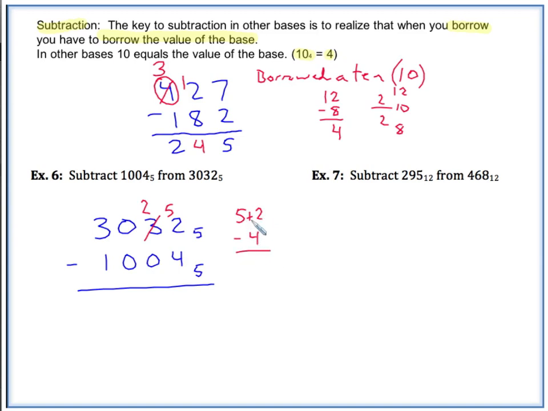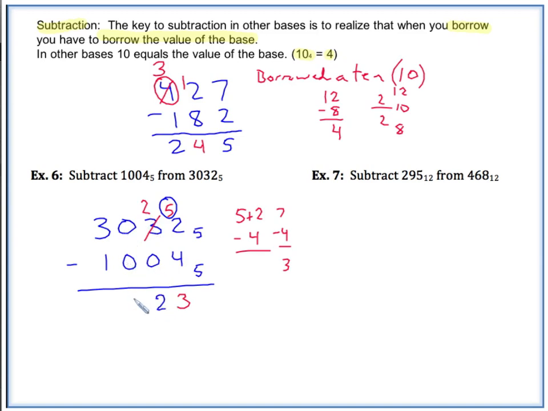So 5 plus 2 minus 4, we can do that. That's 7 minus 4, which is just 3. So we would get 3 right here. So that's how we borrow the value of the base, is we actually borrow a 5 instead of a 10.